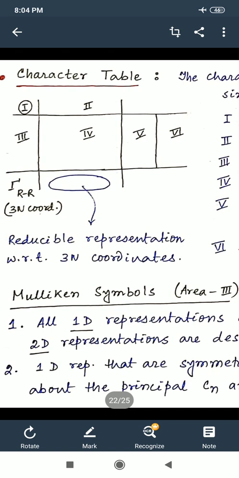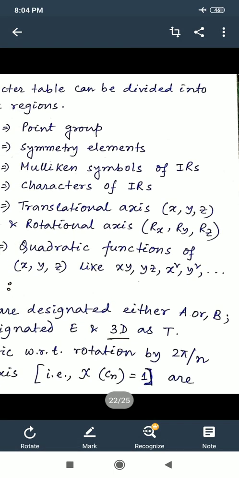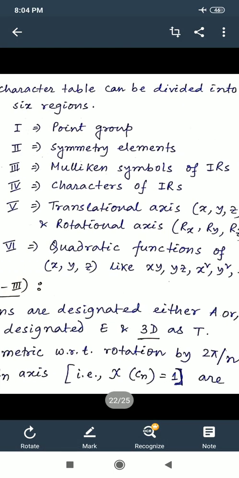First I want to say what these 6 regions are. In region number 1 we write the point group, for example C2V or C3V, whatever the group is, or D infinity H, C infinity H, D3H, like that.